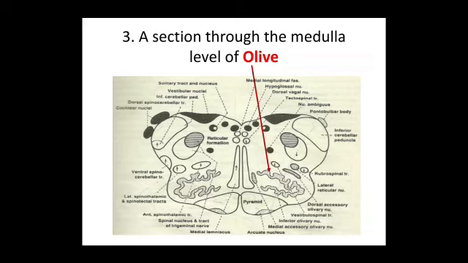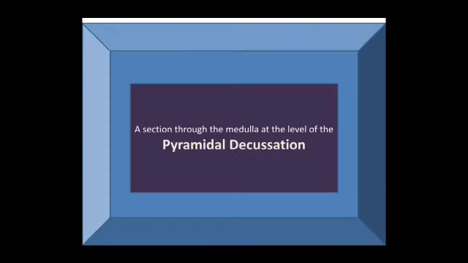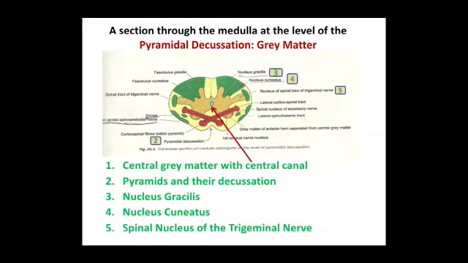So now we'll see the details of each individual section. First of all, we'll see the section at the level of pyramidal decussation. The main gray matter seen here, you can see the central gray matter with the central canal, the pyramids which are depicted in red and their decussation, nucleus gracilis, you can see in the gray matter posteriorly, medially.